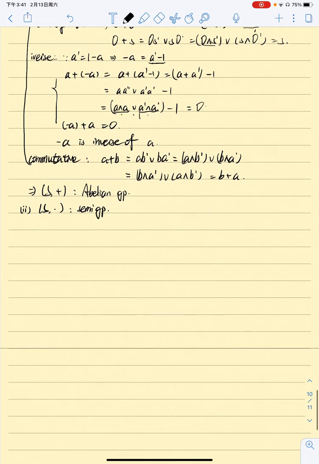Okay, to show this is a semi-group, first we should show the associative law. A times B times C equal to A times B times C, right? We should show this. Okay, let's see.